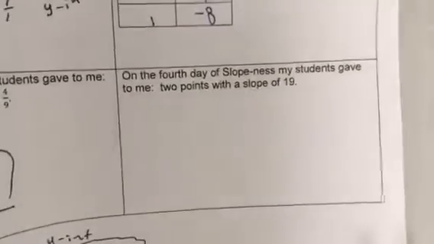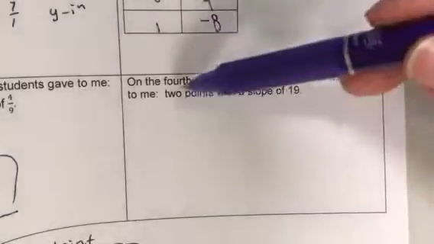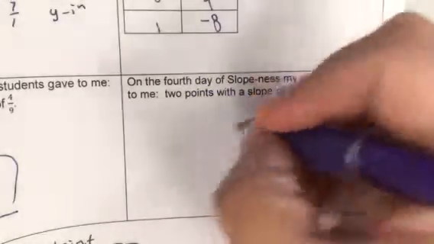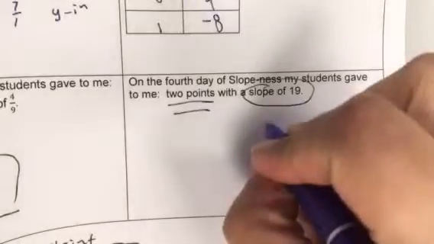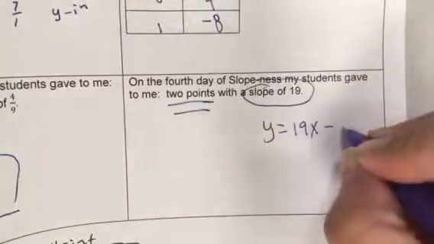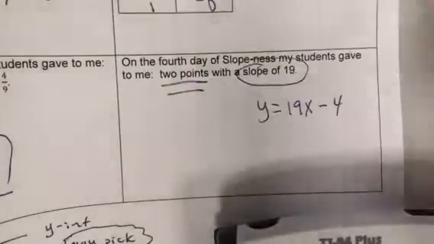Okay, last one. On the 4th day of slopeness, my students gave to me 2 points with a slope of 19. So in order to get the 2 points, I need an equation first. So y equals 19x minus 4. Again, that y-intercept can be any number you choose.